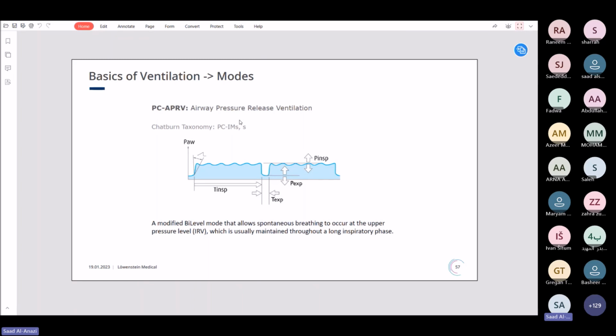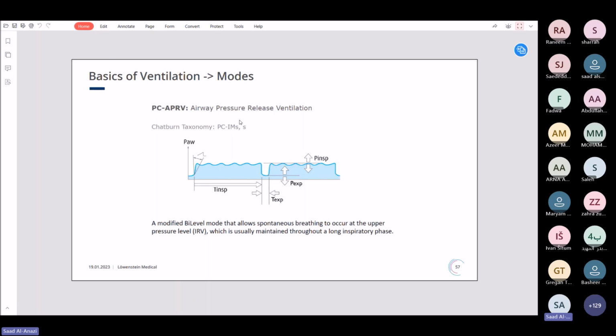But in ELISA 800, we have all types of modes. The advanced mode here is the APRV mode. So we don't have high frequency options. Inshallah, tomorrow we will explain the Leoni Plus. So I think I have questions about it.